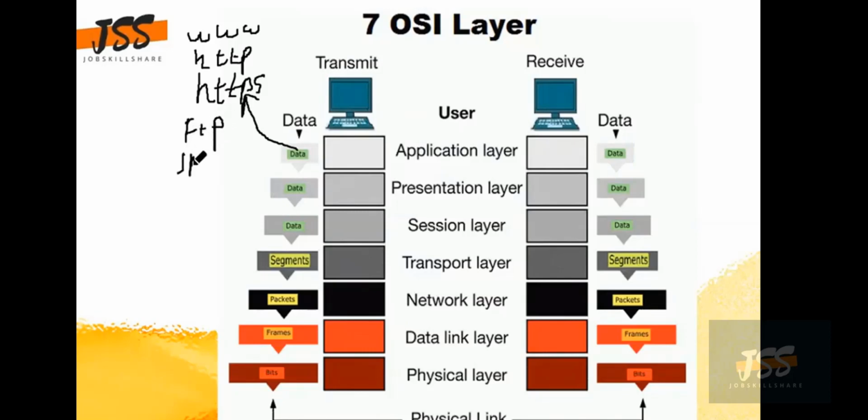We have SMTP, which is used for mail exchange, for email conversation, basically. Then we have Telnet. We have so many applications running on an application layer. So whatever input you are going to do will be done from the application layer. So this is going to be your entry point.